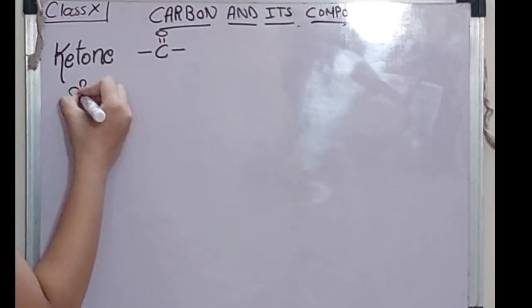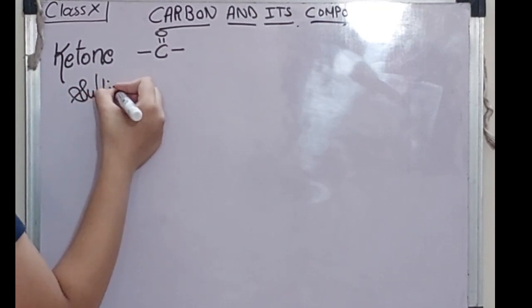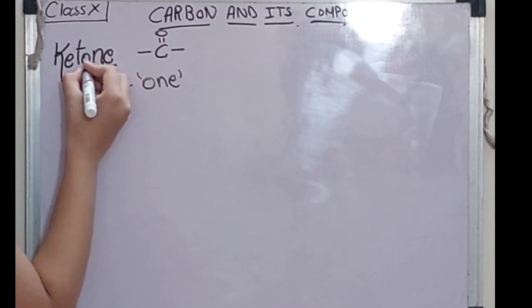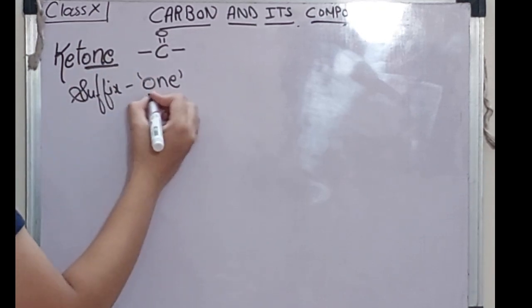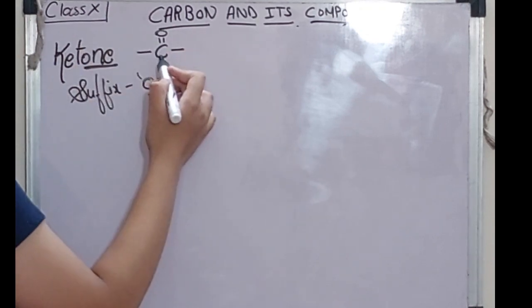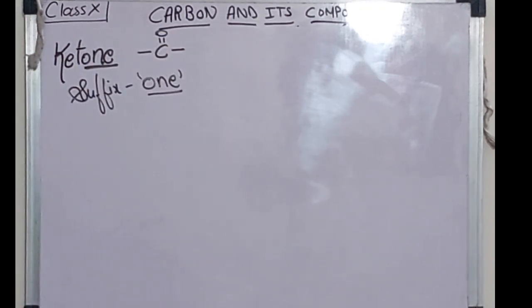The suffix of ketone is ONE. From here you can remember it: the last three letters of ketone are ONE, and you remember it as carbon double bond oxygen. Quite simple, right? Only carbon double bond oxygen has to be remembered. This is what ketone is. So the functional group ketone means carbon double bond with oxygen. It's your ketone.